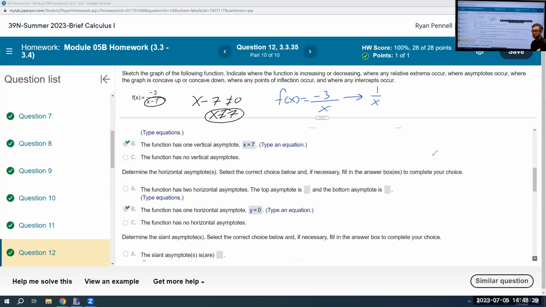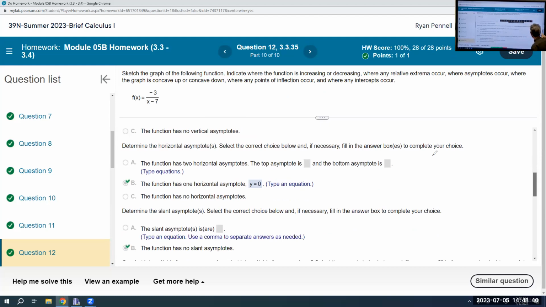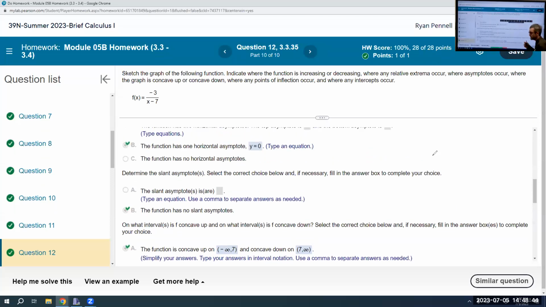So y equals 0. Slant, well, no, that's not going to be the case. Slant is the case that we haven't worked with yet, and that's if the numerator is one order more than the denominator. Then we have to long divide, which is certainly not the case for this because we have the horizontal asymptote of 0.